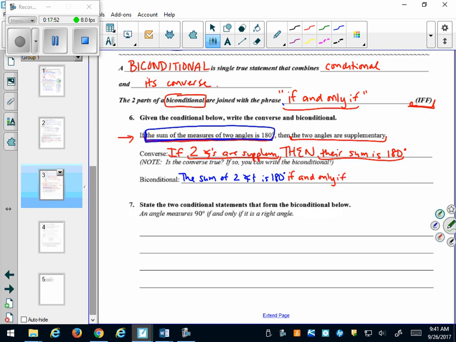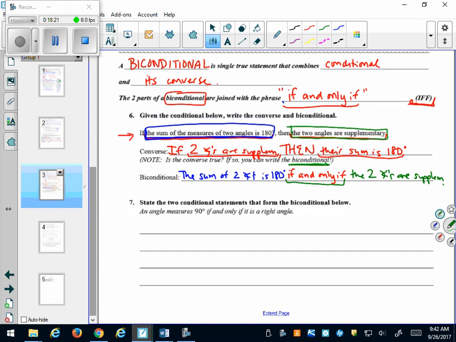And then we're going to end with what our conclusion was: the two angles are supplementary. So a biconditional does not start with if, it starts with the hypothesis. The sum of two angles is 180 if and only if the two angles are supplementary.